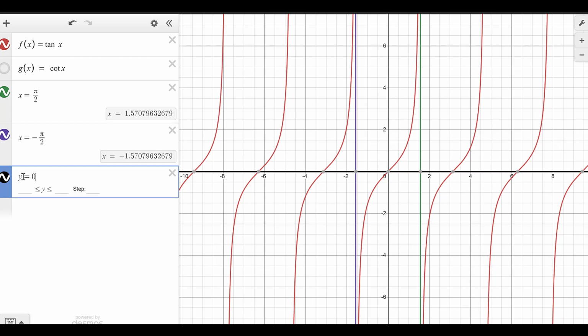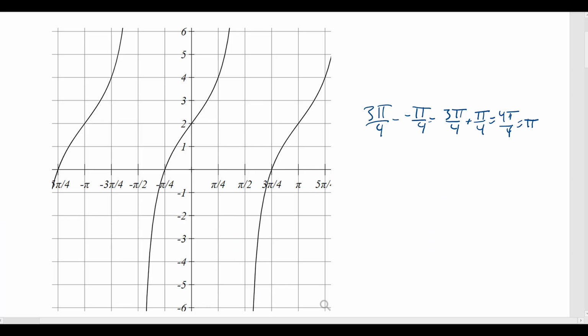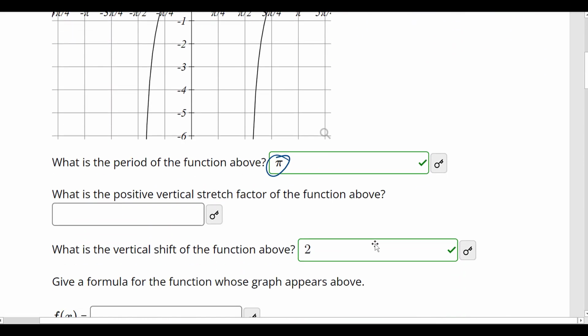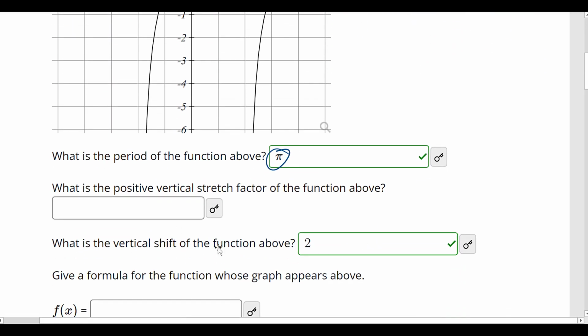If someone out there in YouTube land doesn't like my terminology, I get that, and maybe it's not as precise as it could be, but what I'm trying to get across is where something like that is happening, and we see it here. It's happening on the line y equals 2, which implies a vertical shift up 2. And this person got that correct as well.